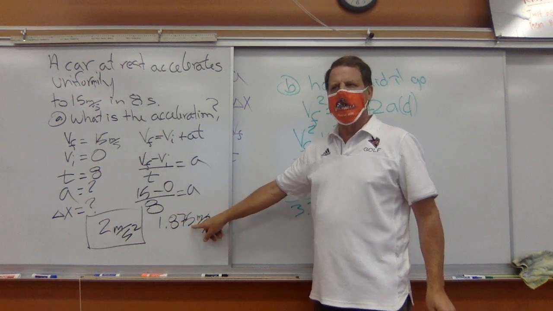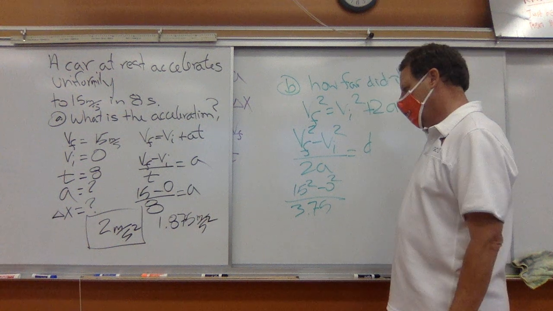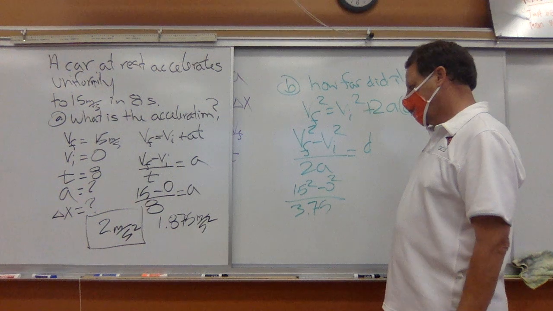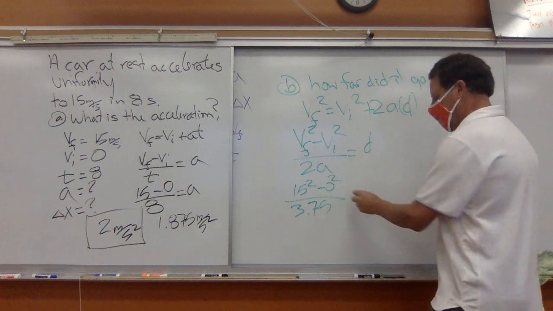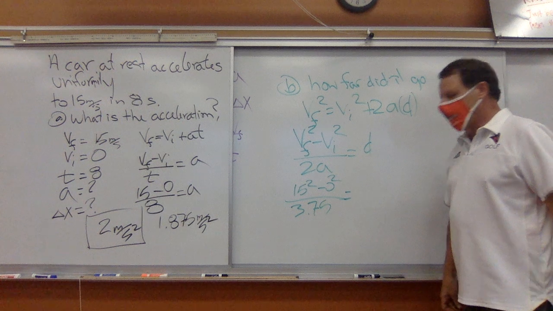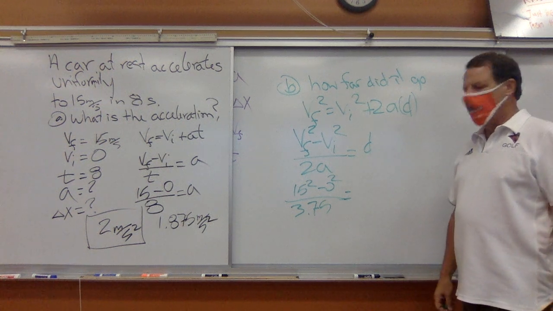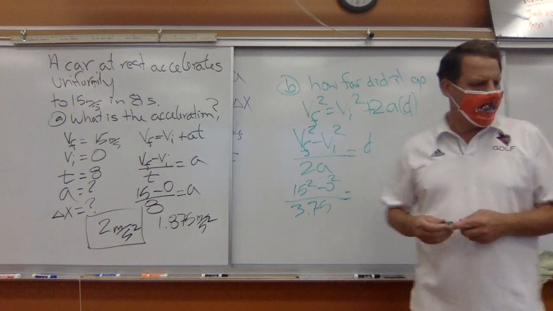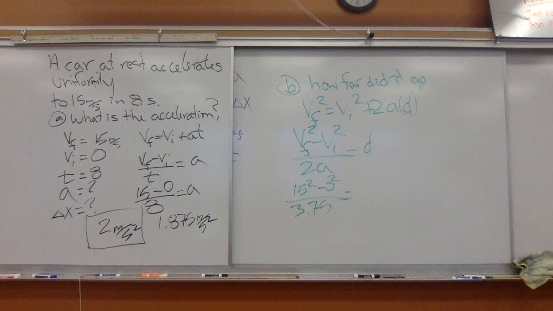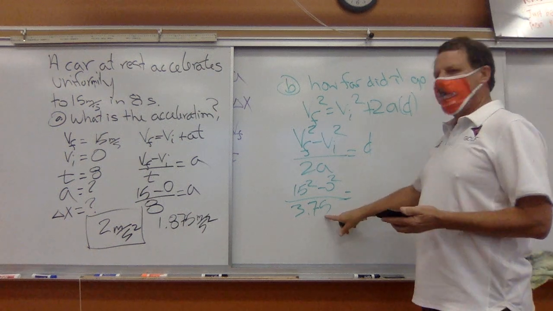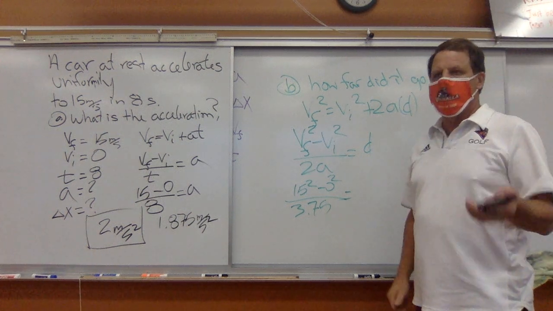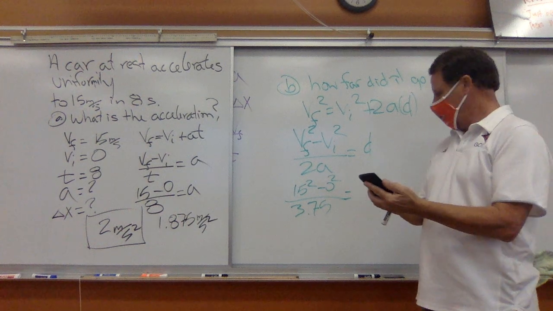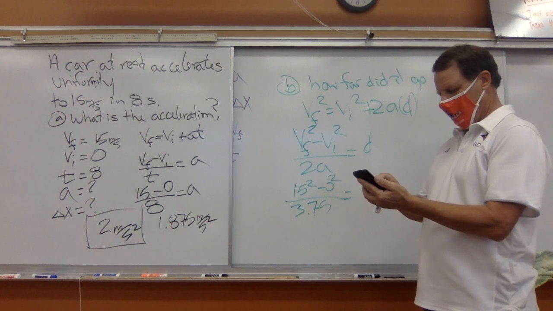1.875 times 2, is that 3.75? It would be 15 eighths, which would be 30 eighths, which is 3 and 6 eighths. So 15 squared is 225 divided by 3.75. That's going to be about 70, around 75. 0.075 times 2 is 0.15.